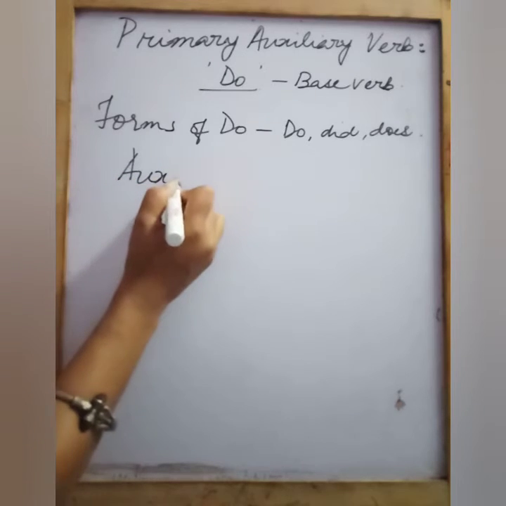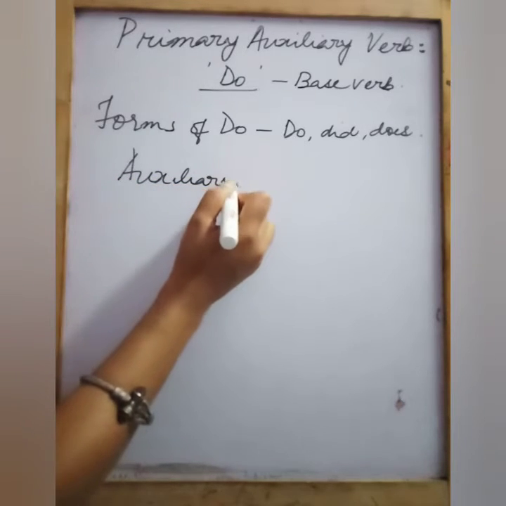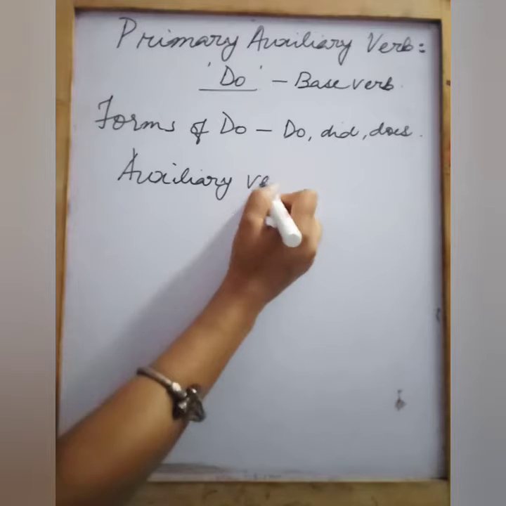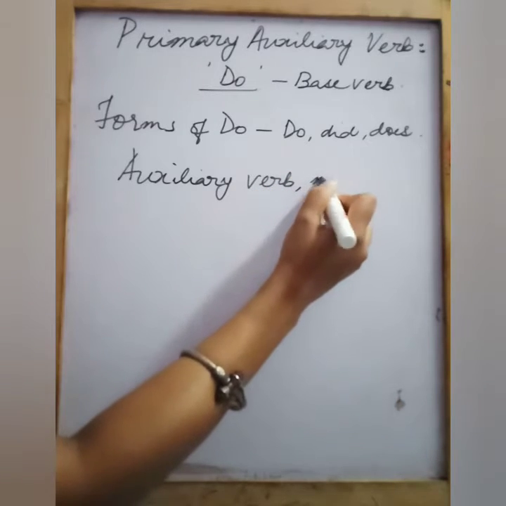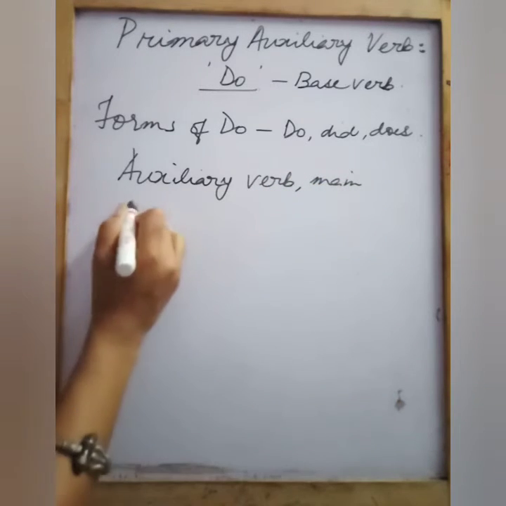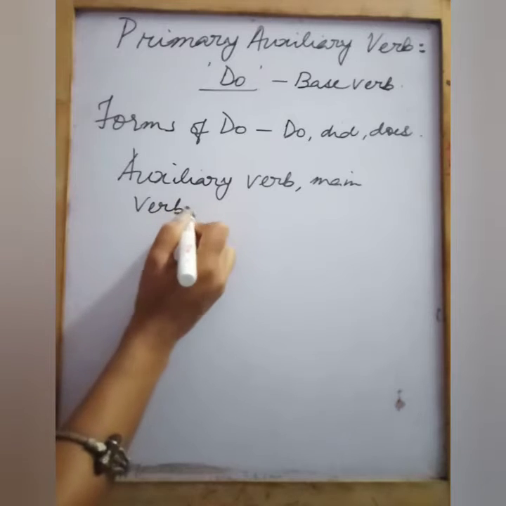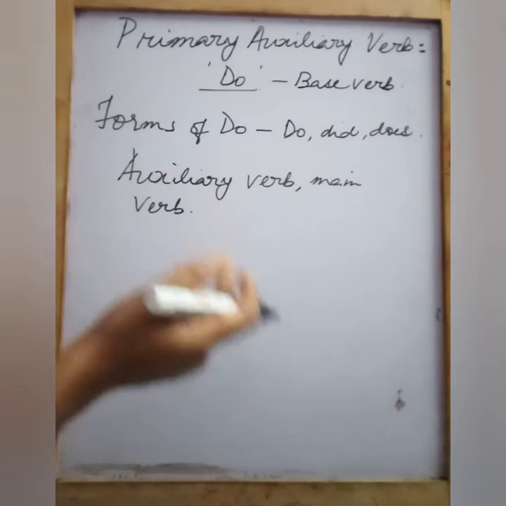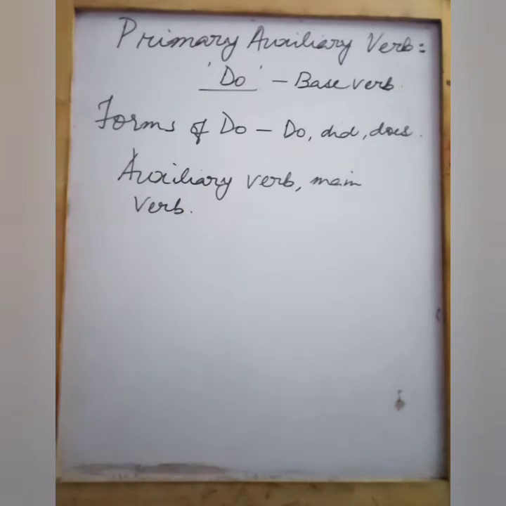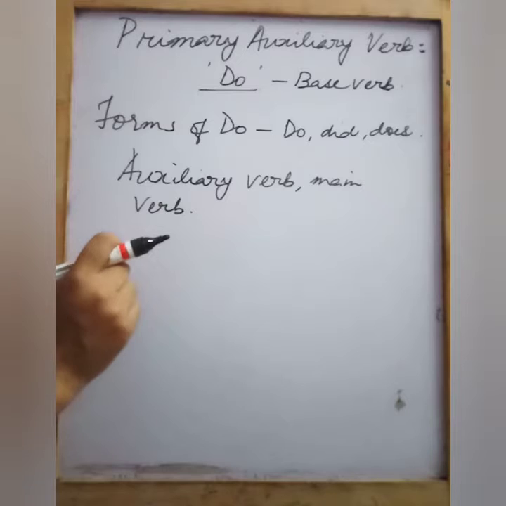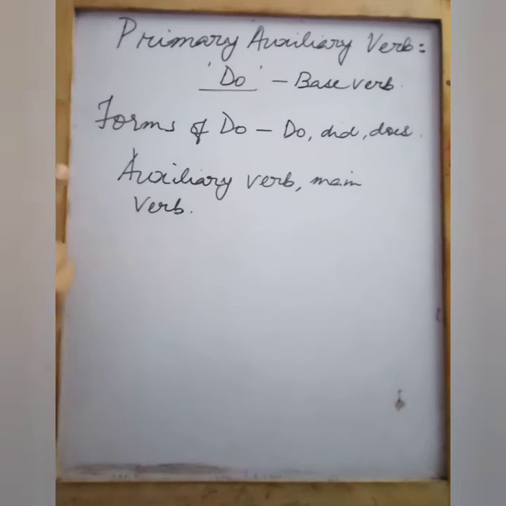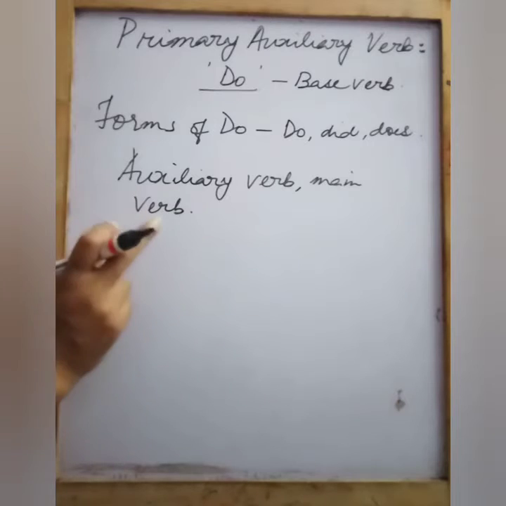main verb. Alright, do can be used as an auxiliary verb and a main verb. Now as we proceed with the topic, we will see how it is used as an auxiliary verb as well as a main verb. Now as an auxiliary verb, what is an auxiliary verb? It is a helping verb, isn't it? So as an auxiliary verb, do is used in a negative as well as an interrogative sentence.